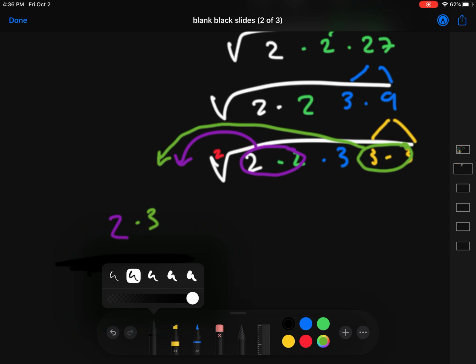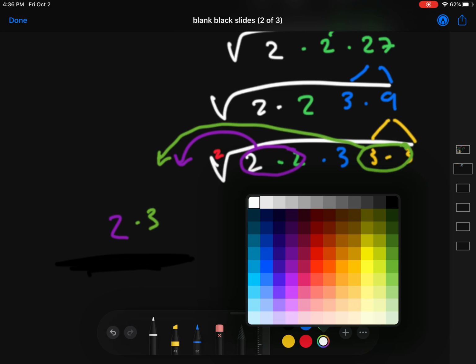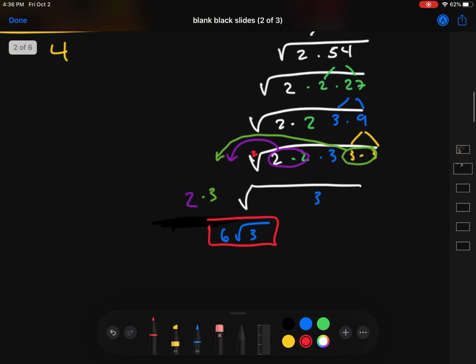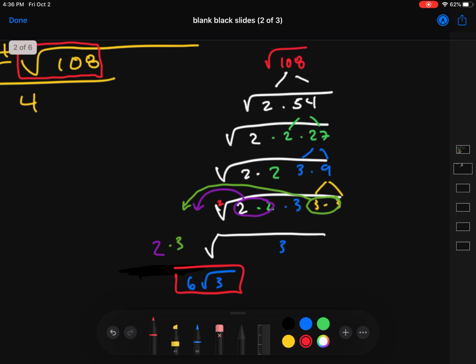So the only thing that's left under the root is that blue 3. So 2 times 3 is 6. My answer is 6 radical 3. To summarize, the square root of 108 can be reduced to 6 radical 3, which tells you that the best one would have been 36 times 3, and then the square root of 36 is 6.